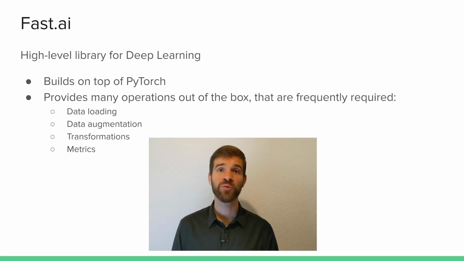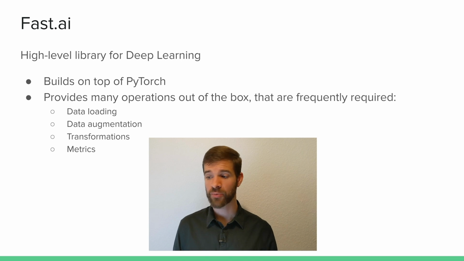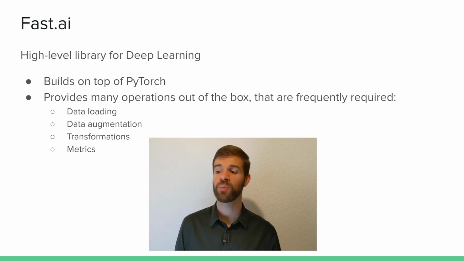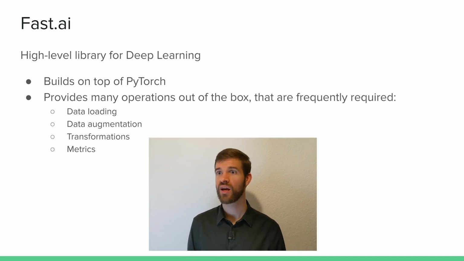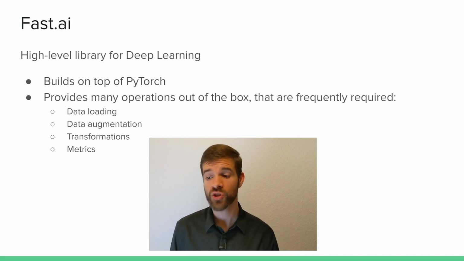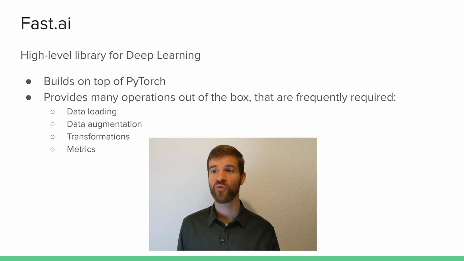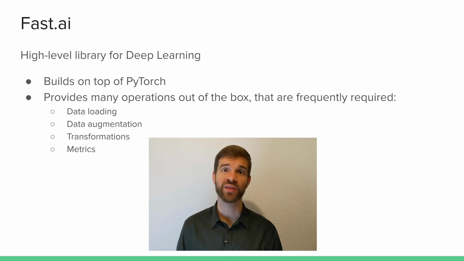Fast AI would be a similar project where they also have a high-level library for deep learning that is also built on top of PyTorch. So I would say it's also very useful maybe to even use them in combination. It provides many tools for operations that are repeatedly written for no reason.